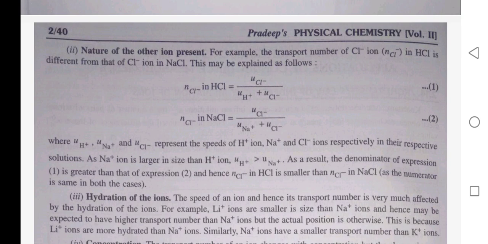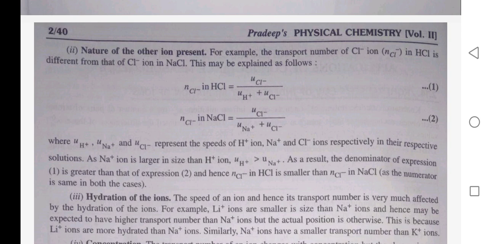Second, nature of other ion present. For example, the transport number of Cl negative ions in HCl is different from that of Cl negative ions in NaCl. This may be explained as follows. N Cl negative in HCl is equal to U Cl negative upon U H positive plus U Cl negative, first equation.